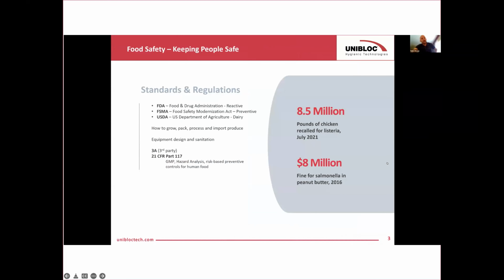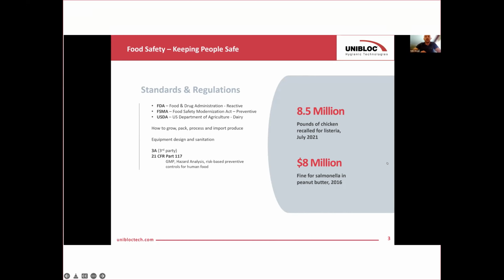Starting off with the standards and regulations, and why do we have those? Of course, it's to keep people safe. FDA is something that most people have heard about, the Food and Drug Administration. That could be considered more of a reactive type of regulation compared to a newer version called the FSMA, which stands for Food Safety Modernization Act.